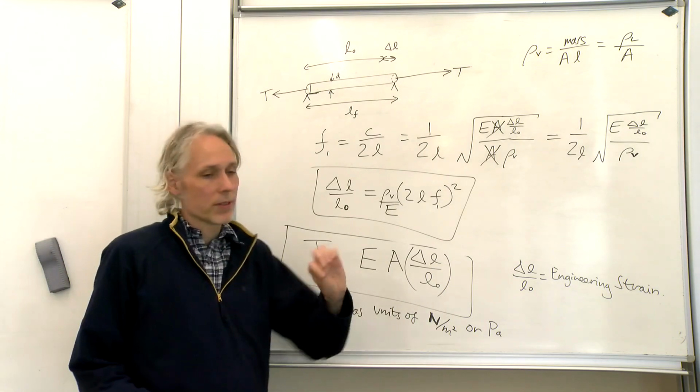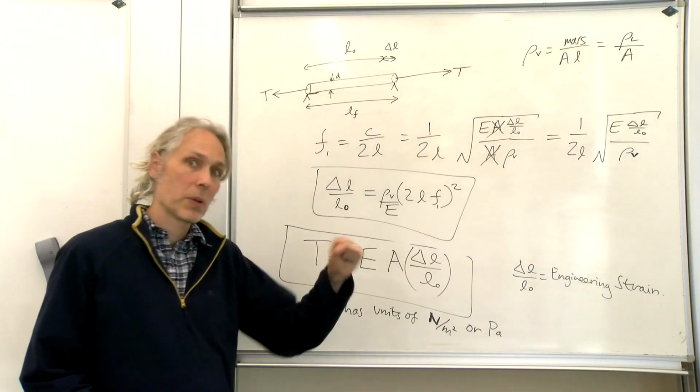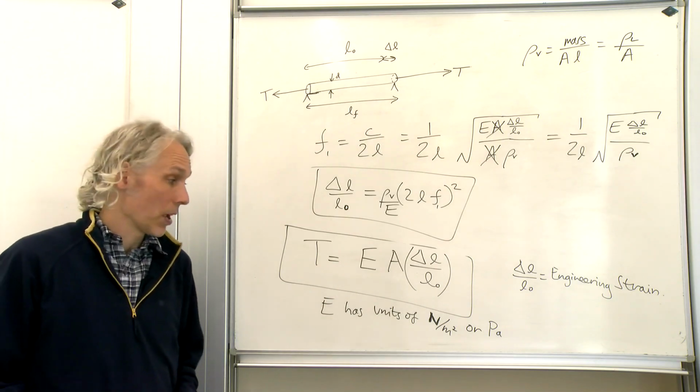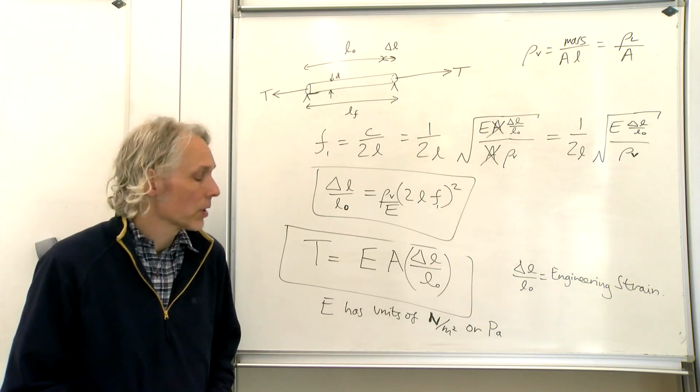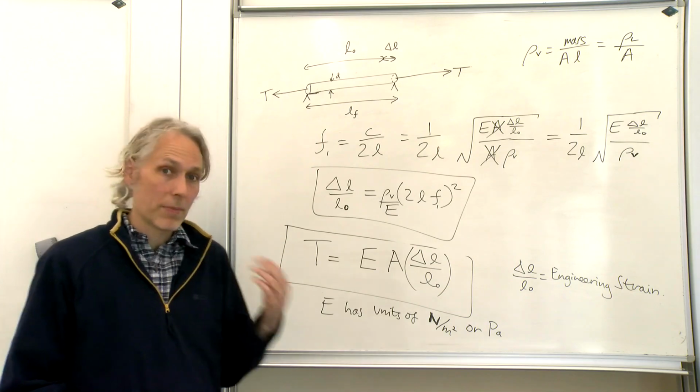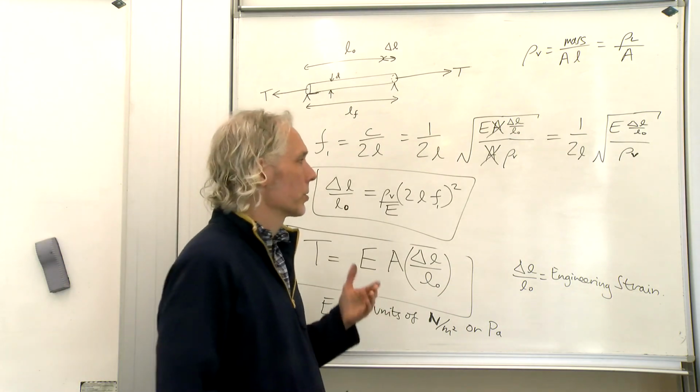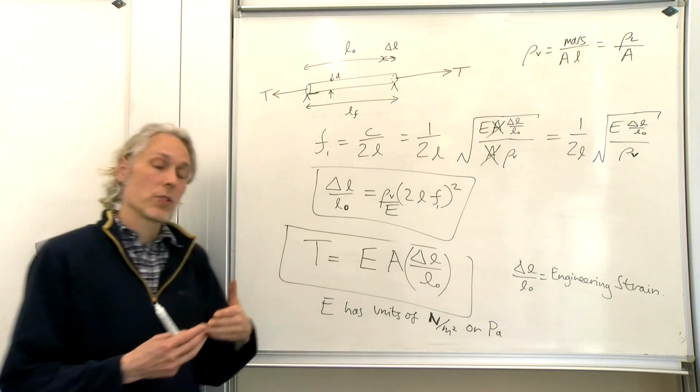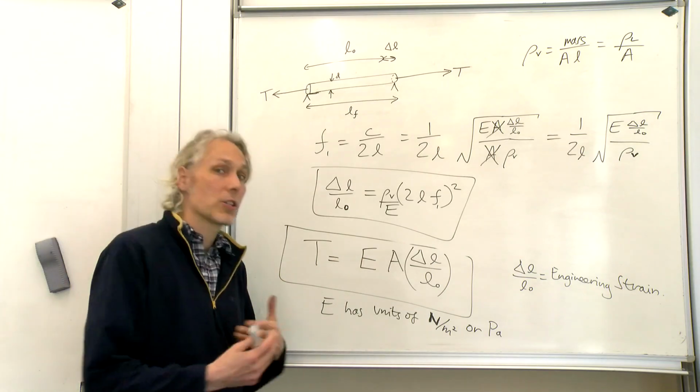In other words, the distance that you turn the tuning peg to get a change in pitch doesn't depend on the diameter of the string. So that's the difference between tension and engineering strain.